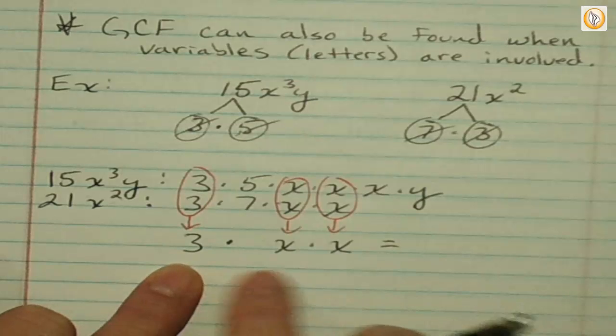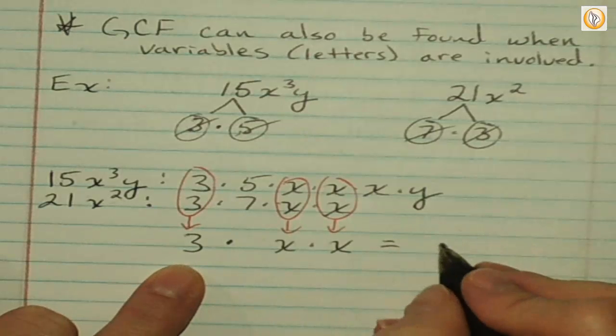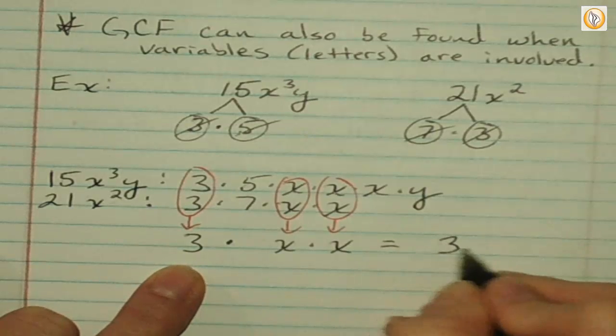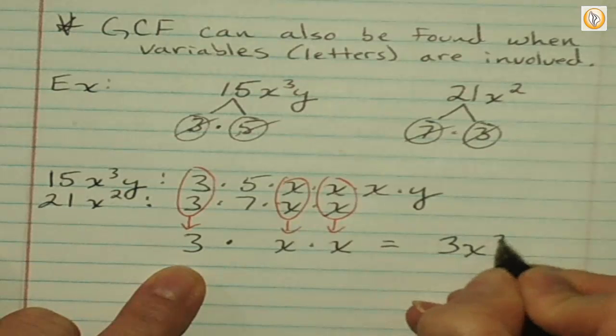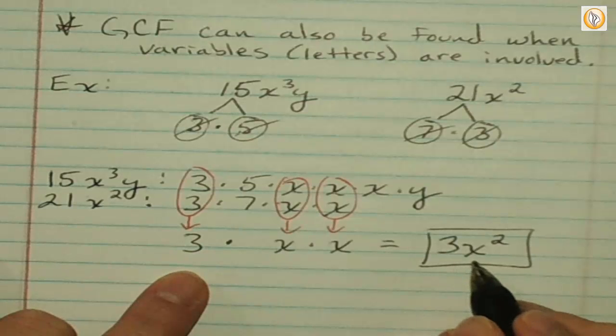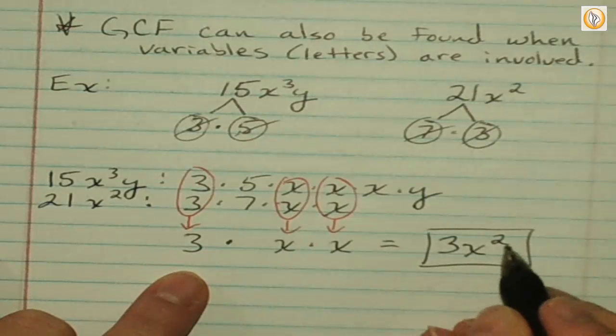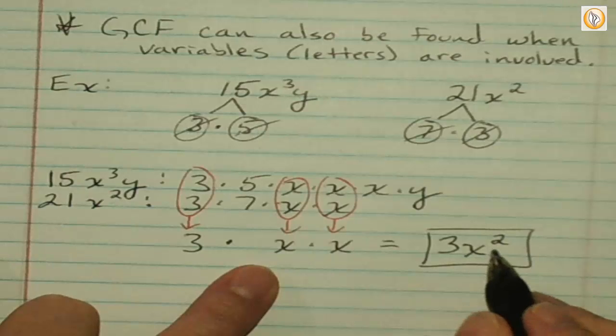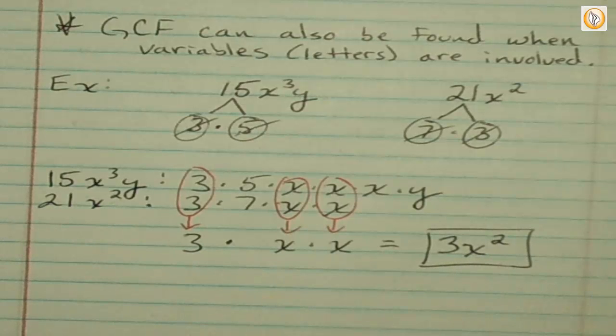Michael, what does 3 times X times X give me? 3x to the power of 2. You are absolutely correct. 3x squared. There's 2 X's, so I write it in exponential form. That's how you deal with letters. That's not too bad, is it?